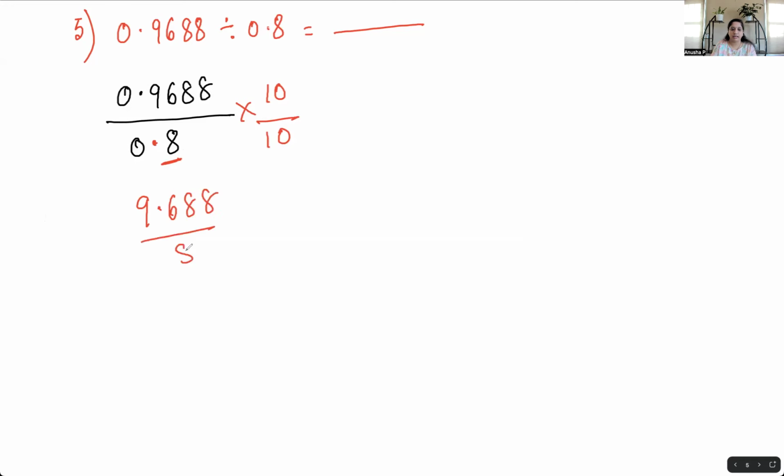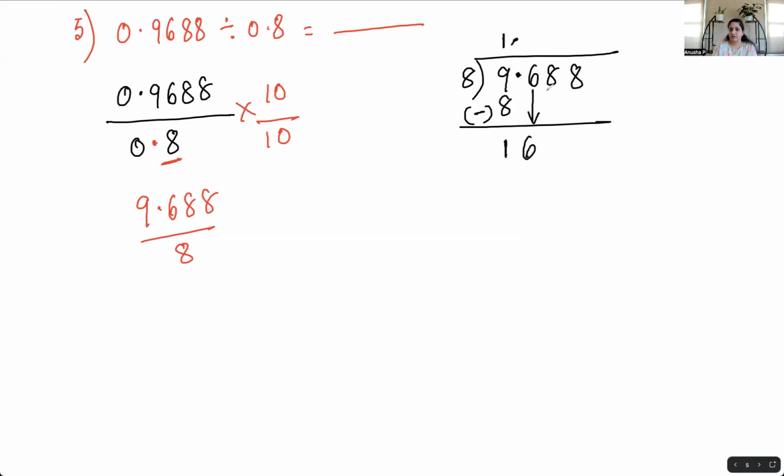So it is 9.688 divided by 8. So 8 times 1 is 8. So 9 minus 8 is 1. And because of the decimal point here, we have to put a decimal point on the top and bring the 6 down. So 8 times 2 is 16. So 16 minus 16 is 0. And then we are bringing the 8 down. 8 times 1 is 8.